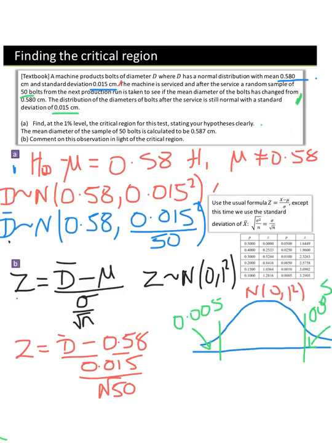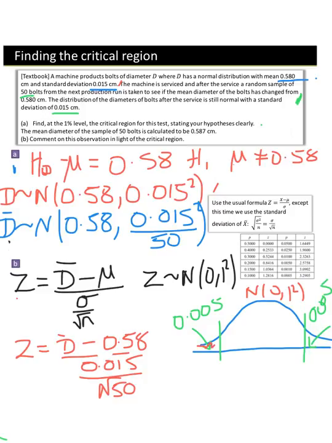So I've drawn here my standard normal with a mean of 0 and a standard deviation of 1, and we want to work out the probability that our value lies in this region here.